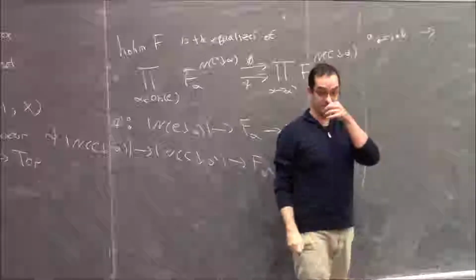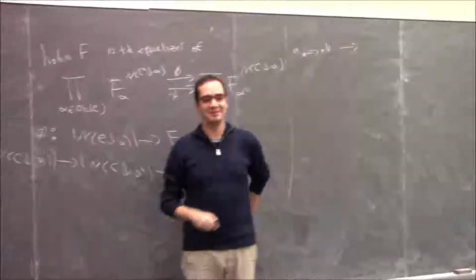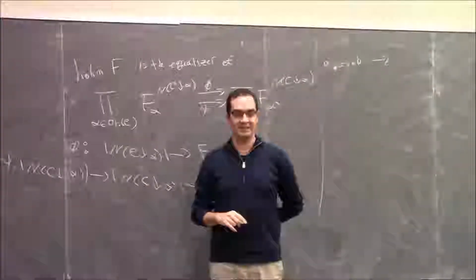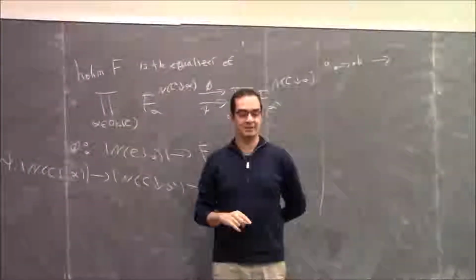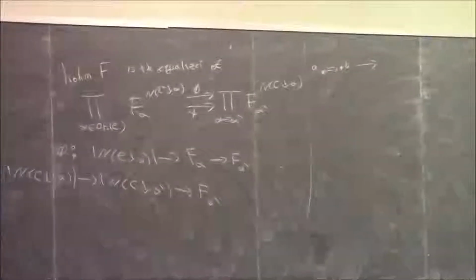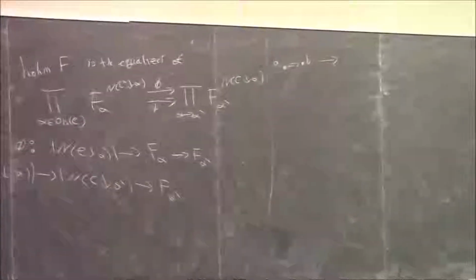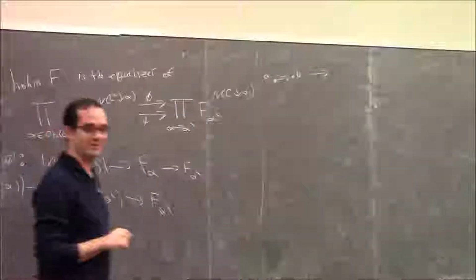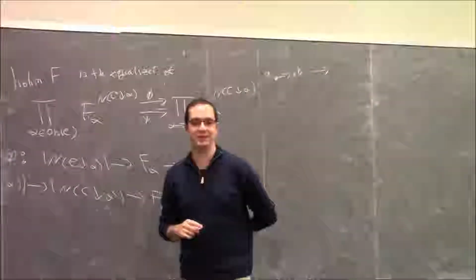Just sorry to interrupt again. Suppose F is not into Top, but it goes into the homotopy category, or however you wish to define this. You're constructing a homotopy limit, so you should be able to do that for a homotopy diagram.